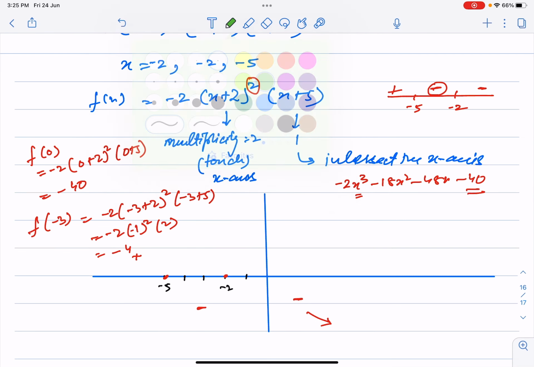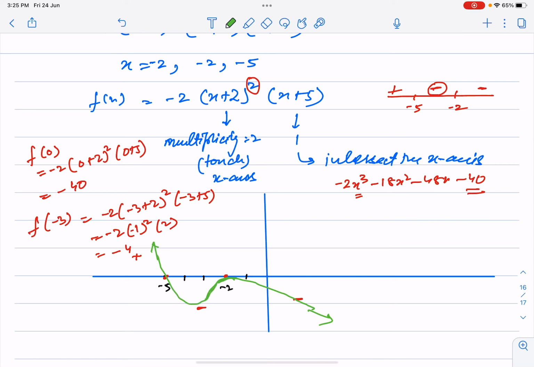Let me draw in a different color like this and erase this one. It is negative. Here it is touching, so it will be like this, something like this.